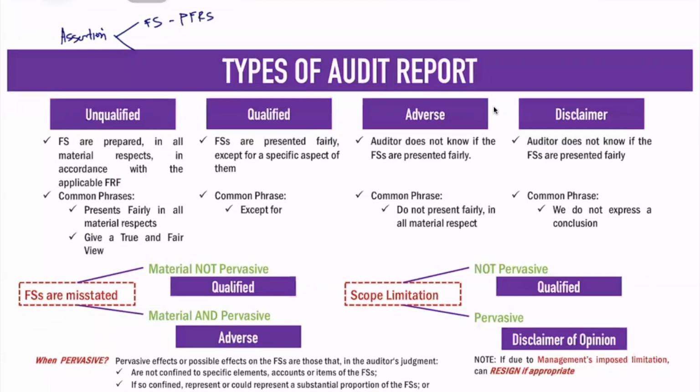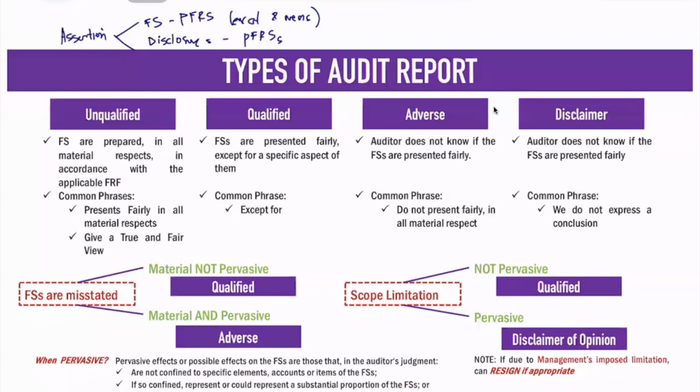This is the evaluation and measurement. Based on your evaluation and measurement, the FS is presented based on the PFRSs, and ultimately the disclosures are proper pursuant to your PFRSs.